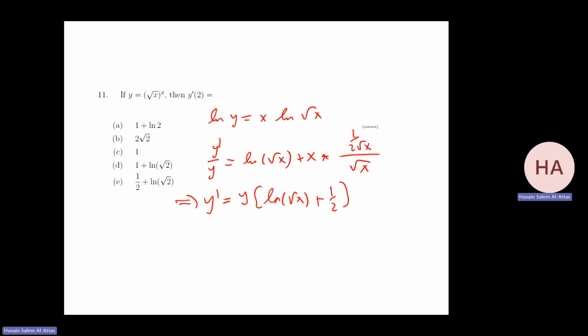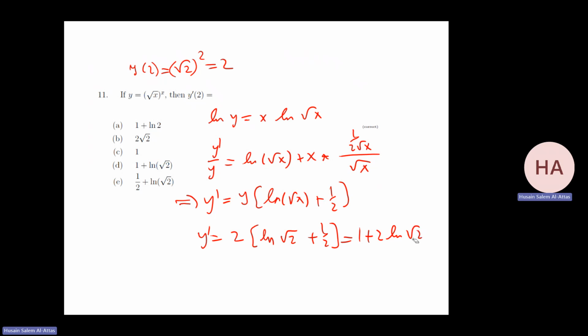Okay, so what will be y at 2? It will be root 2 to the power 2, which is 2. So y prime equals 2 times ln root 2 plus half. 2 times half is 1, plus 2 ln root 2.